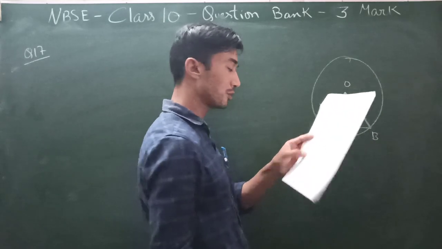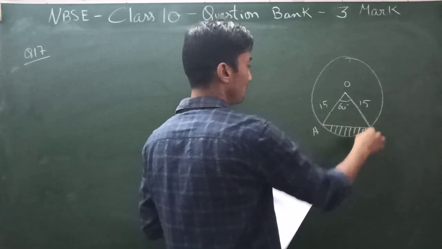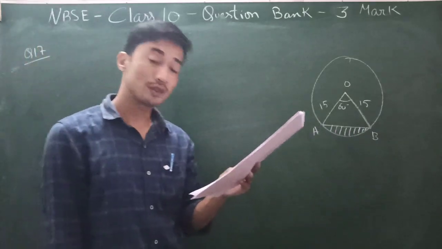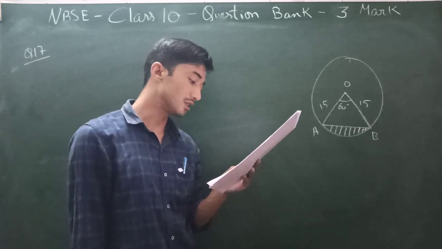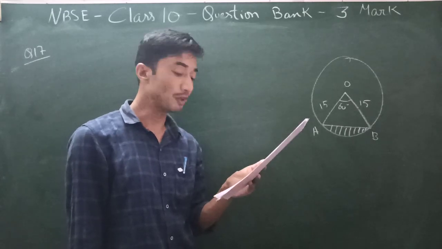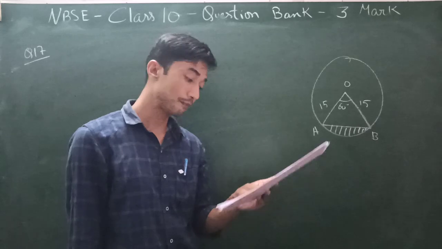Find the area of the corresponding minor segment, not sectors, segments, of the minor segment and the major segment of the circle. Of course, using pi equal to 3.14 and root 3 equal to 1.73. So in the exams, if this kind of terms are given to you, that use pi equal to 3.14, please do use it, not 22/7. Okay?